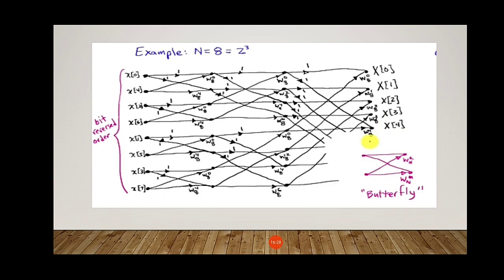So further, if you keep on splitting the N by 2 DFTs into N by 4 DFTs, we can replace the blocks by the cross sign, which is called the butterfly.